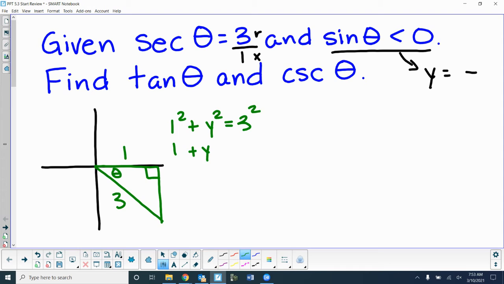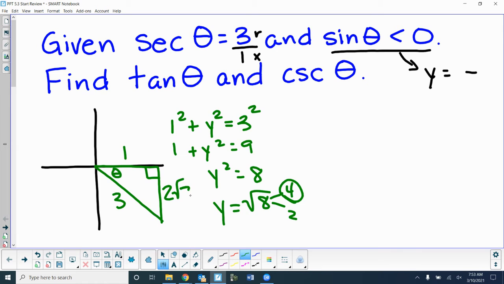So I got 1 plus y squared equals 9, y squared equals 8, so y equals the square root of 8. Well, remember, that's 4 times 2, we should simplify. So it's 2 radical 2. But since the y is down, that's a negative, remember. So there's my picture. Okay? That makes sense.